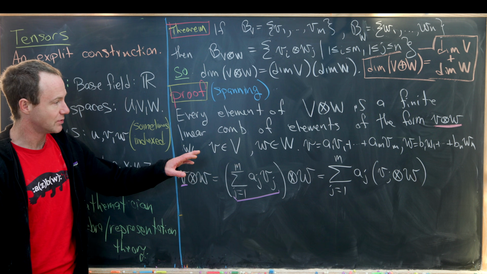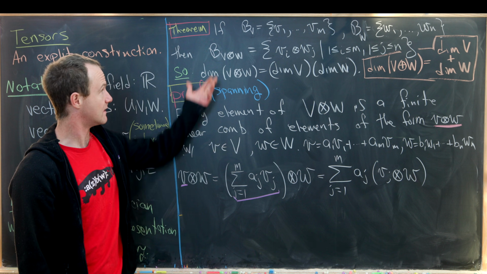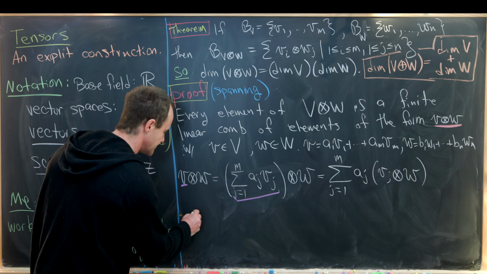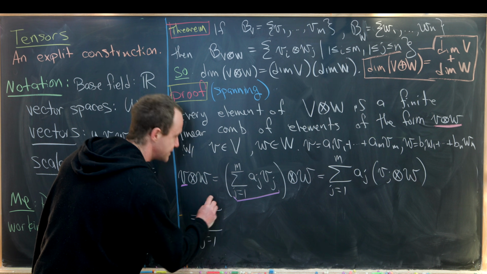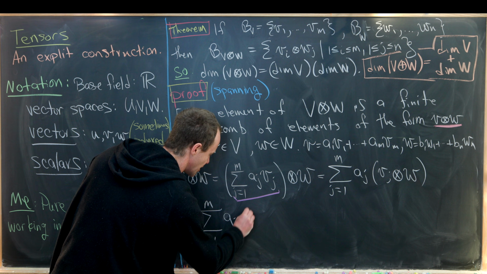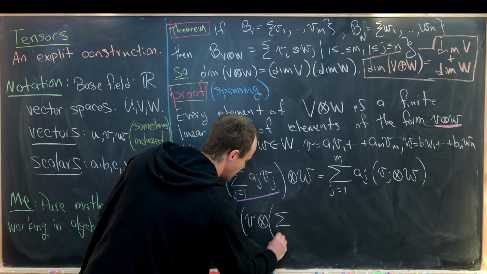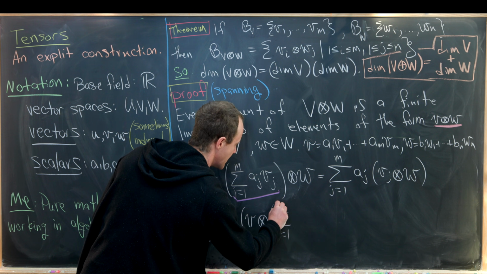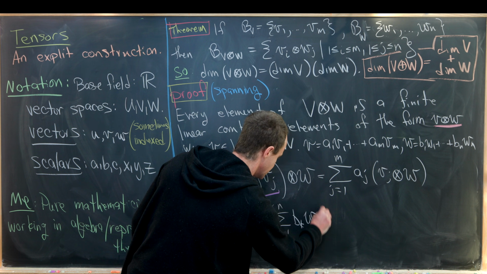Now we're going to take W and expand it using this form, given that we know a basis for W. So that's going to give us the sum as J goes from 1 up to M of AJ, and then we have V tensor. Now we have the sum as K goes from 1 up to N of BK WK.